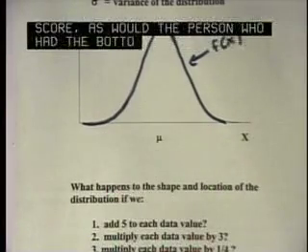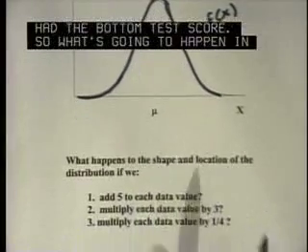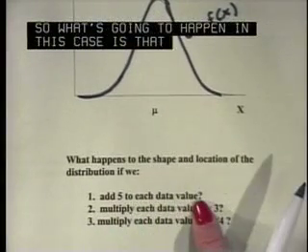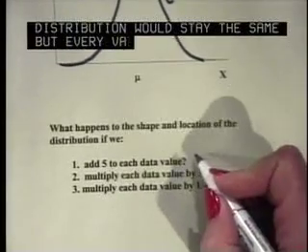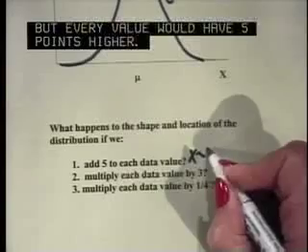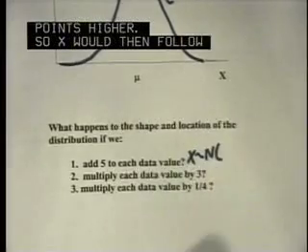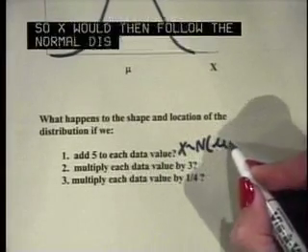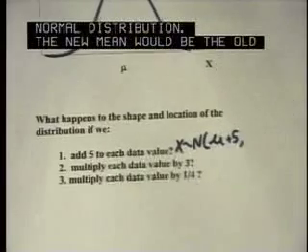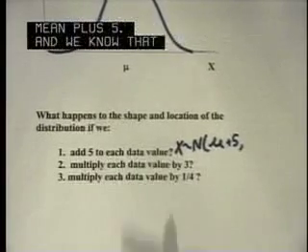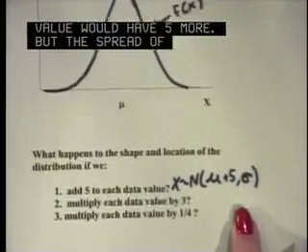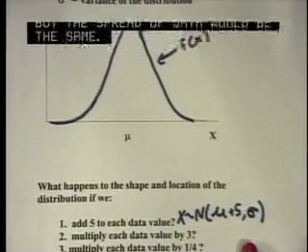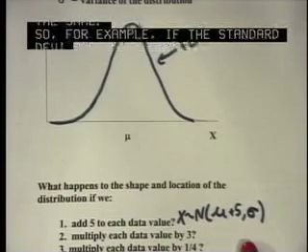So what's going to happen in this case is that the distribution would stay the same, but every value would be 5 points higher. So x would then follow the normal distribution. The new mean would be the old mean plus 5, and we know that because each value would have 5 more. But the spread of data would be the same. So for example, if the standard deviation was 10 before, it would still be 10.